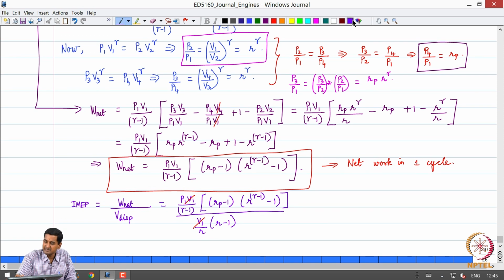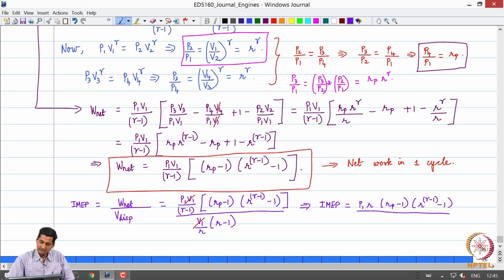So, this implies that the indicated mean effective pressure of the Otto cycle becomes P1 times R, because the R comes from the denominator, times Rp minus 1 times R power gamma minus 1 divided by gamma minus 1 times R minus 1.